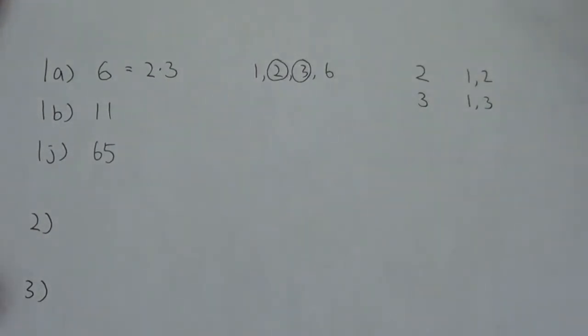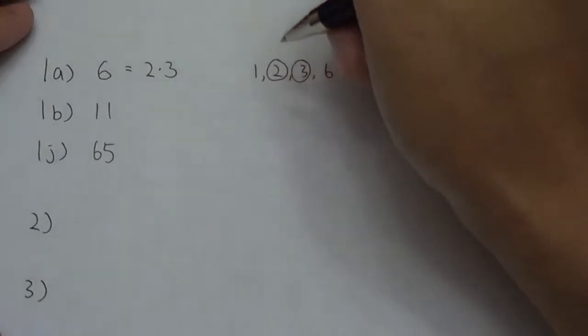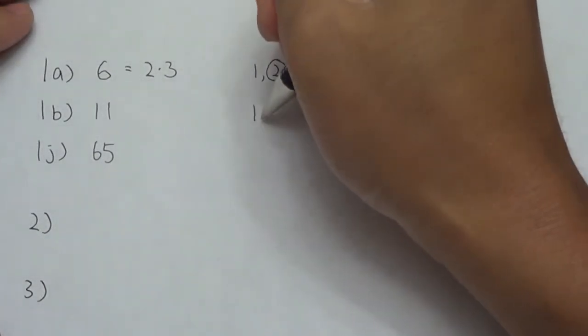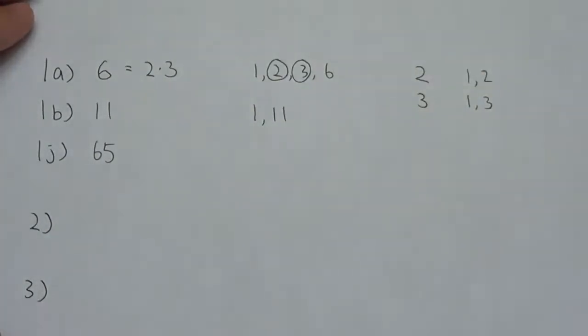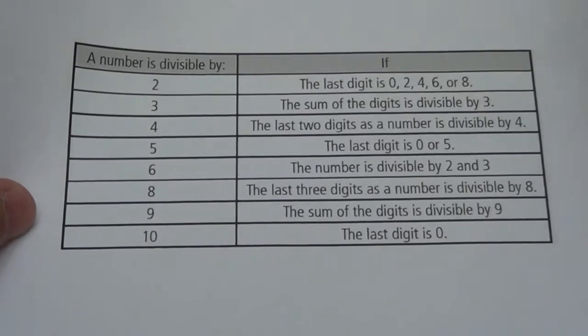We can go through our times table and really, I don't recall any two numbers multiplying together that will give me the product 11. All right, so I'm pretty confident that it's just 1 and 11. All right, now if I want to confirm that, I can use my divisibility rules.